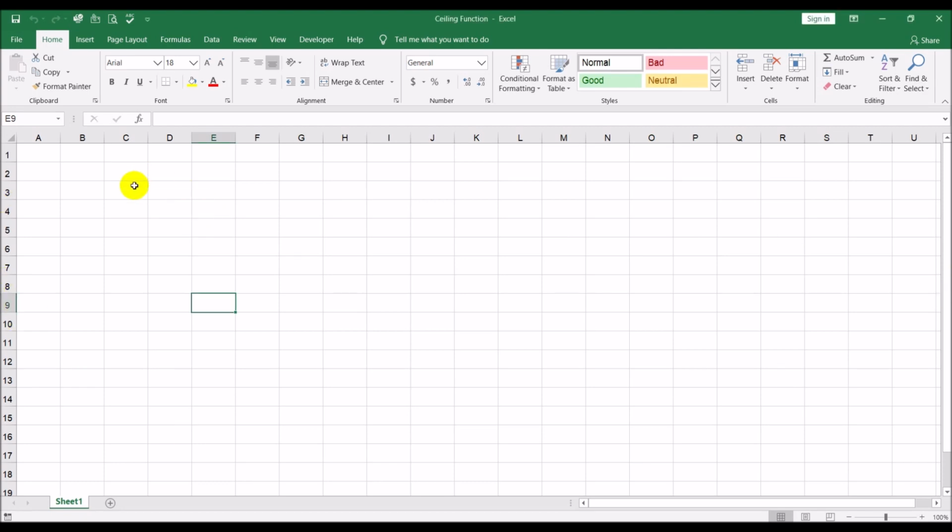Say, for example, you have a number like 4.45. This is the price of an item in your store, but you have your prices set up in such a way that the minimum you can charge for something is a nickel.